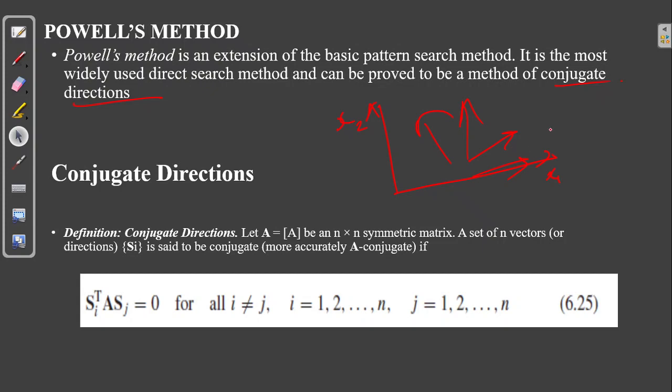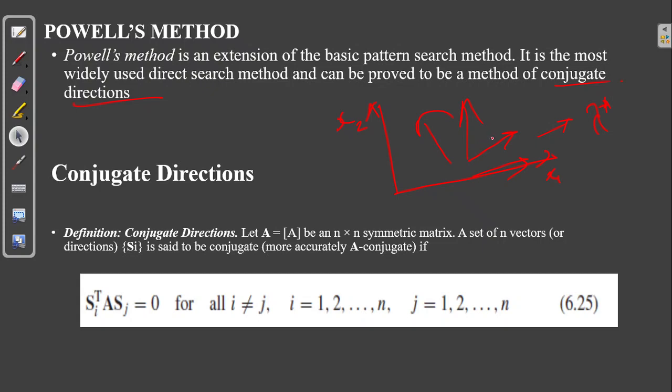For the optimization problem, we should get two things: the direction in which you have to search so that our objective function is minimized, and how far you have to go, that is the step length, the optimal step length lambda star. This direction is very important.